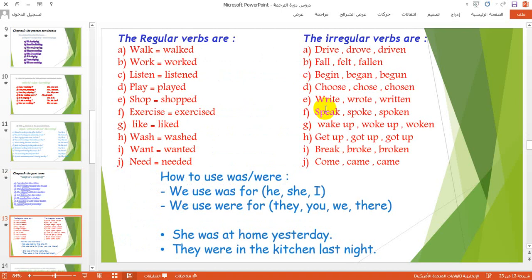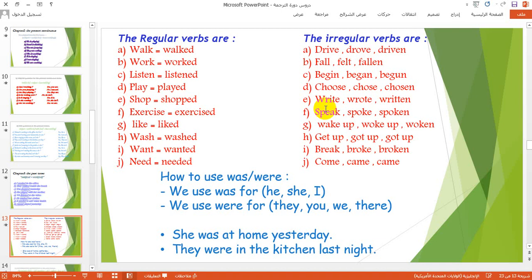As you see, drive is the present and drove is the past tense, and the past participle of the verb drive is driven. Look at the regular verbs, they end with -ed and so on.